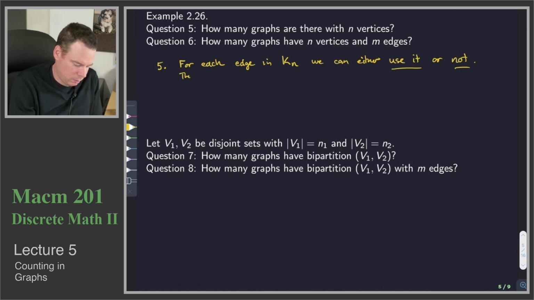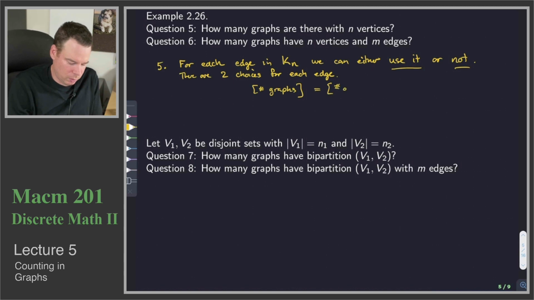So there are 2 choices for each edge. And so what that means is that the number of graphs is equal to the number of ways to select a subset from the edges in Kn.